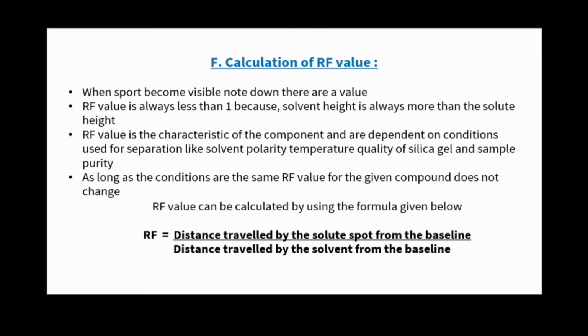First we prepare our TLC plate, then we apply our sample, and after that we put our TLC plate in a solvent chamber for development. After development, we remove our TLC plate from the solvent chamber, then evaporate the solvent, and after that we put it in an iodine chamber or use other methods for identification of the sample.